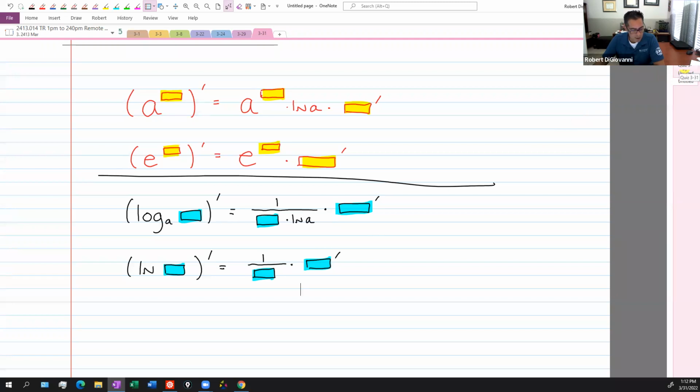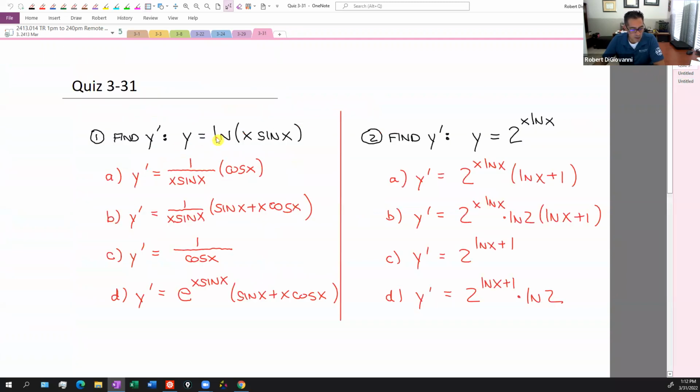So on this quiz, on the first one, we have essentially natural log of a box, right? So the derivative of that would be 1 over the box, 1 divided by the box. So it can't be this one or this one, right? So it's either this one or this one. And then you're supposed to say times the derivative of the box, but that's a product. So you have to run the product rule.